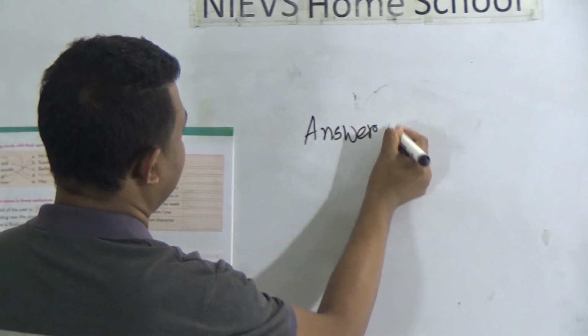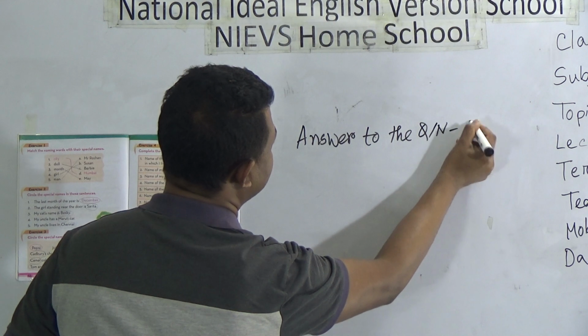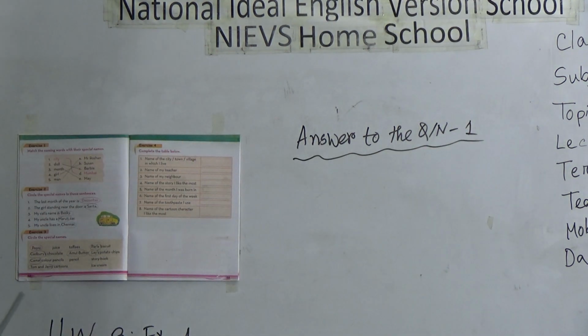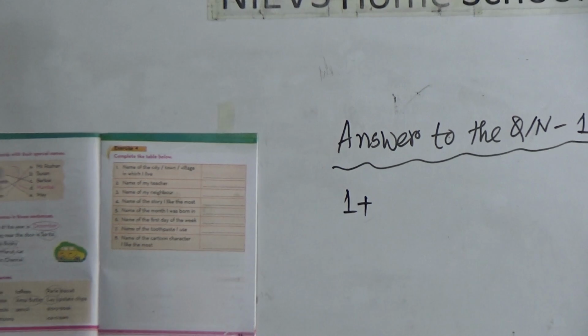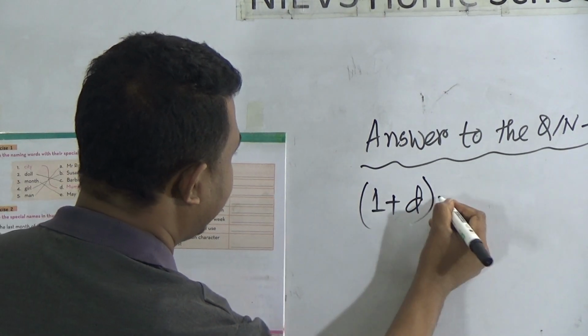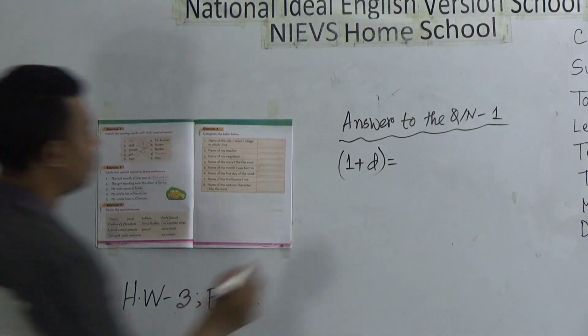First of all, write the answer to the question number. Imagine that it's 1. After writing this, you will write this row's sub number. It's number 1, so write 1 plus. Then 1 will match with D. 1 plus D, bracket close, then equals, 1 was city and D was Mumbai.